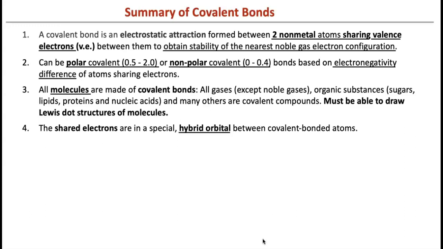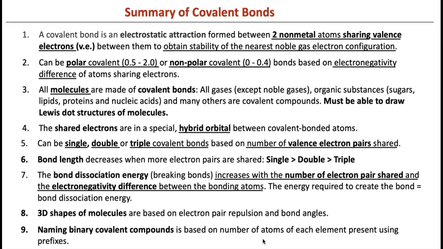The shared electrons in covalent bonds go into hybrid orbitals, which both atoms have access to. Based on the number of electron pairs shared, it can be single, double, or triple. Bond length is affected by the number of electron pairs shared.